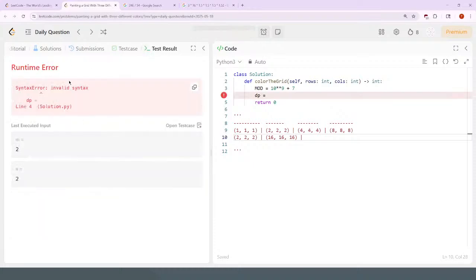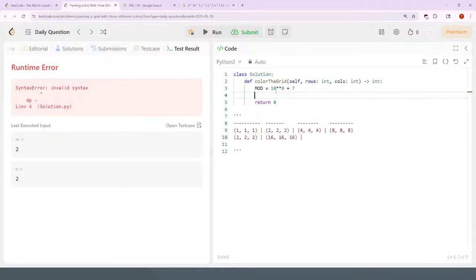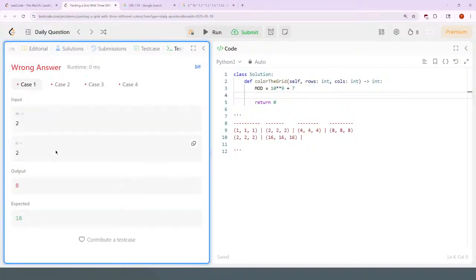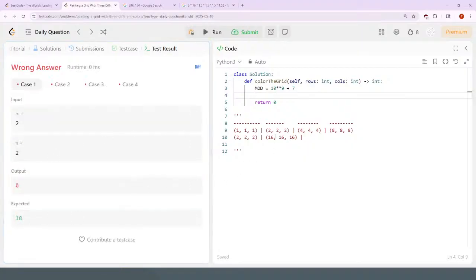I don't think it was 48, was it? No, it should be 18. I feel like I'm pretty close. So close.